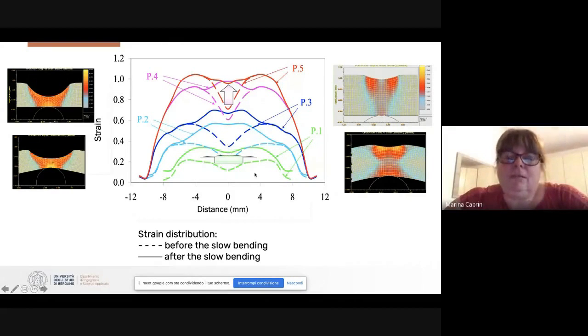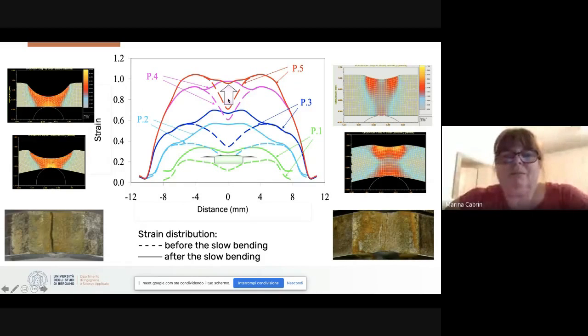In the green case, the deformation of the specimen is distributed in all the external zone, and in this case the high deformation is concentrated in the center of the specimen.